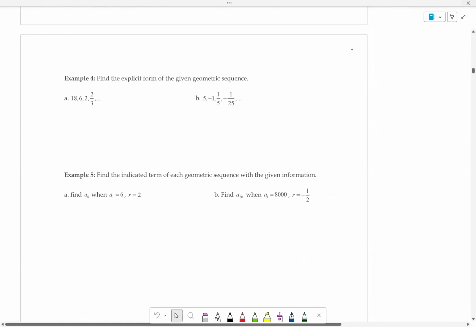Alright, let's help with this one. Where did that one-third come from? Are we good with that? Perfect.